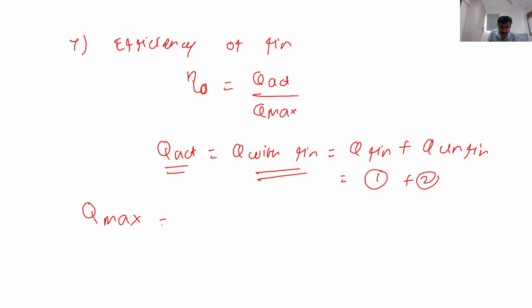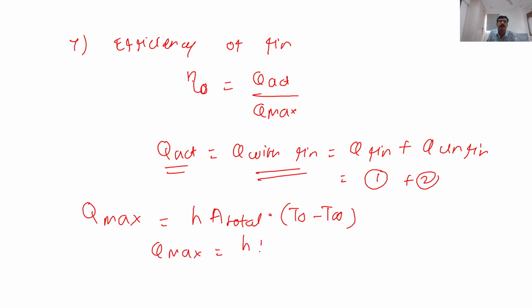So what is Q max then? Q max becomes H A total, that is fin plus base, called area total, into the maximum temperature difference, which is nothing but T0 minus T infinity.